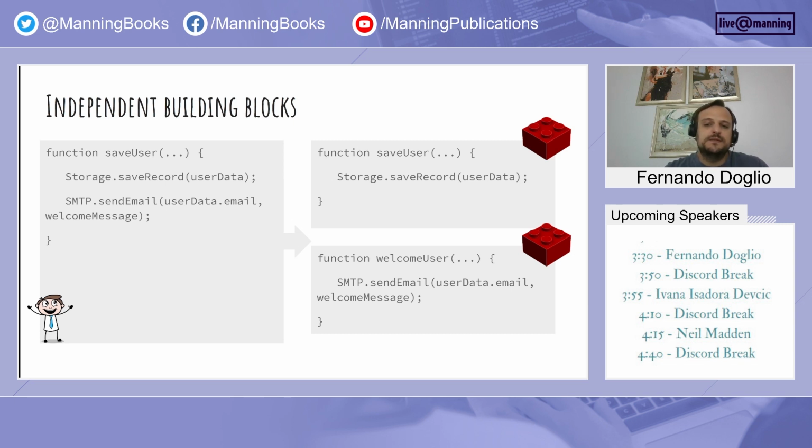The welcome email happens as a side effect of you saving a user, but you don't really have to worry about changing the way you notify the user in the future. So if instead of sending an email, you also want to, I don't know, send a WhatsApp message, all you have to do is create a new microservice that is associated with the same event as the welcome user function, and that's it.